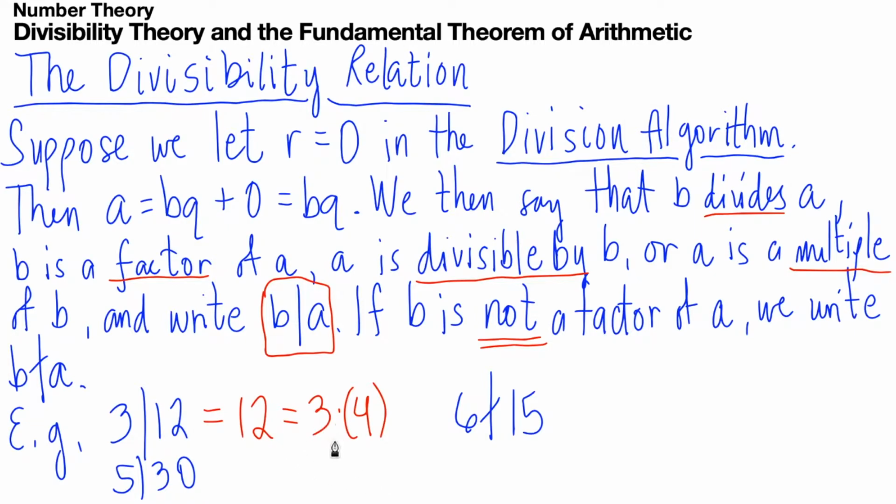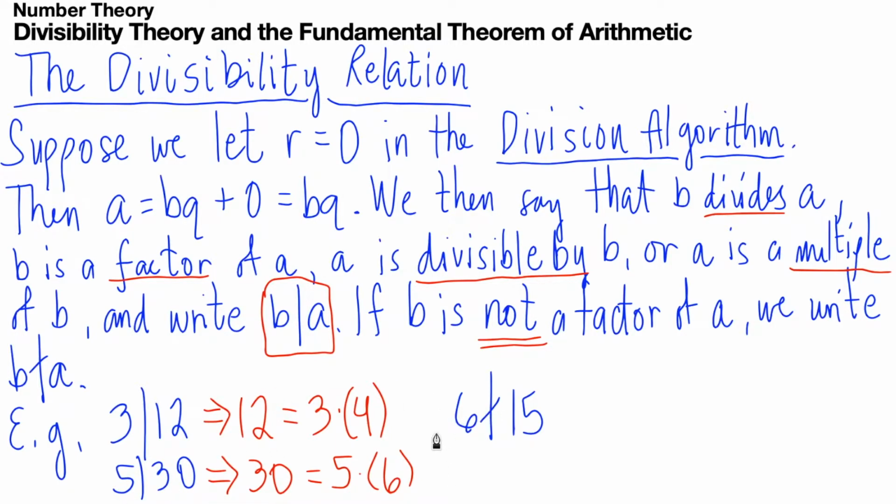So indeed, 3 is a factor of 12. Likewise, 5 divides 30, because we know that 30 is equal to 5 times something. Specifically, it's 5 times 6. So indeed, 5 is a factor of 30, or 5 divides 30.